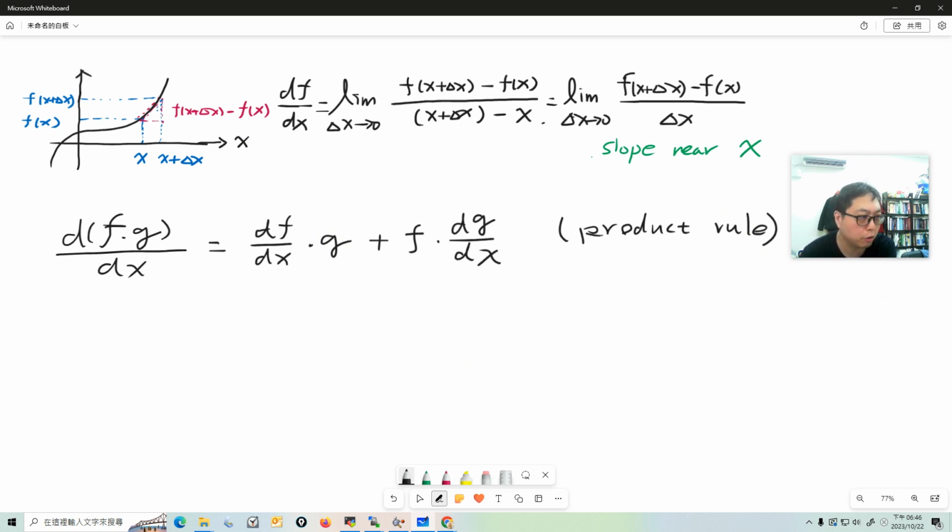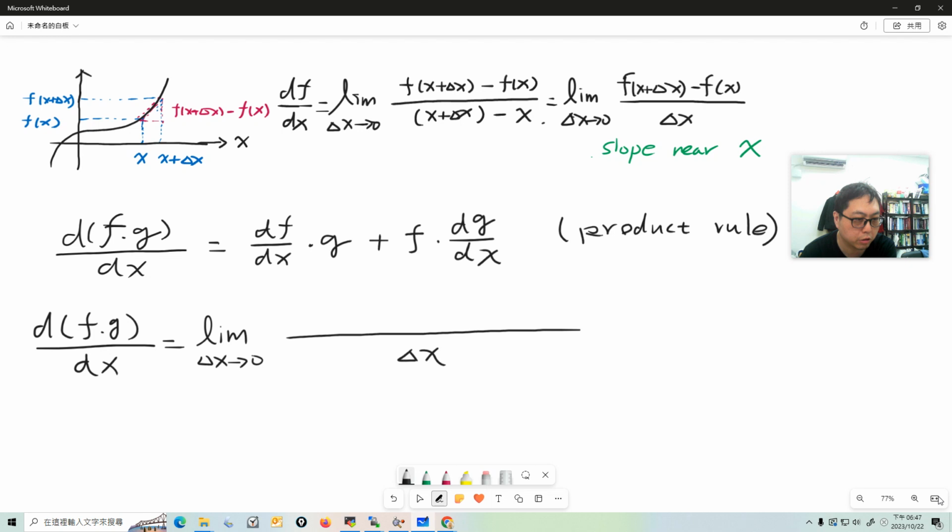The derivative of f times g is the limit as delta x goes to 0 of f of x plus delta x times g of x plus delta x, minus f of x times g of x.